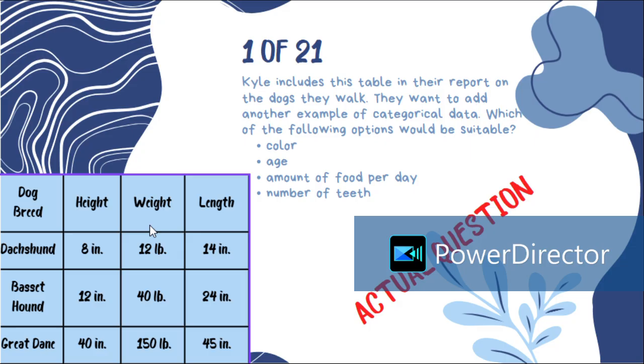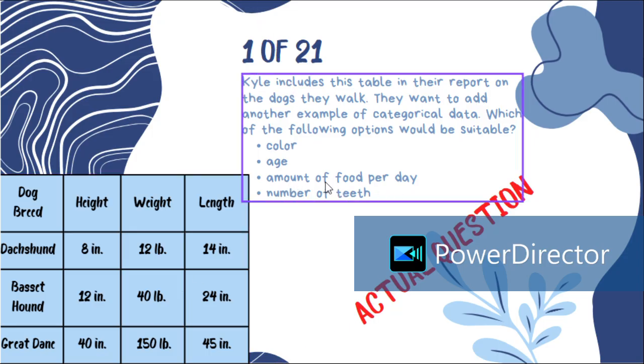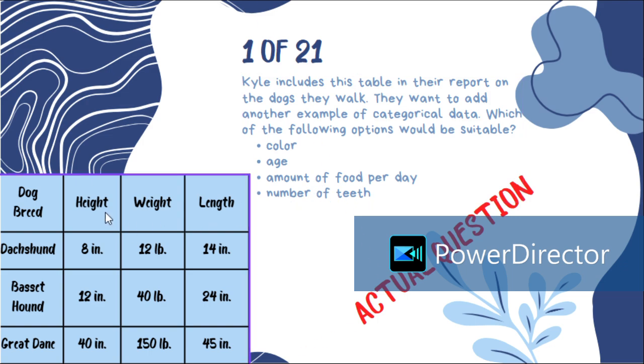An example of a categorical one that's not given here would be type of food or brand of food. I can't write down brand of food as a number, as the brand is like Purina or Pedigree or Dog Chow. So categorical is not a number. Anything that's written as a number is numerical.